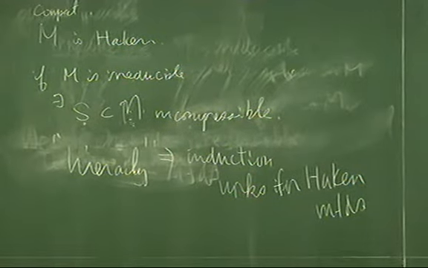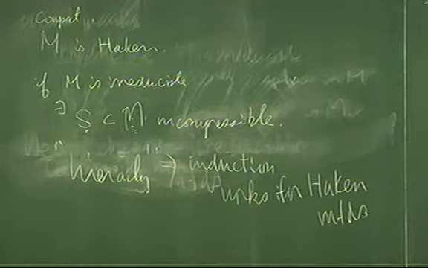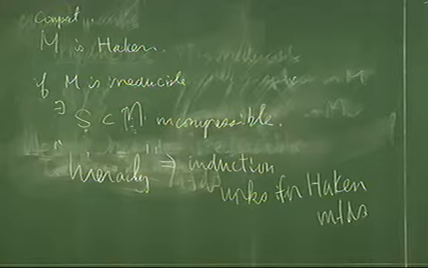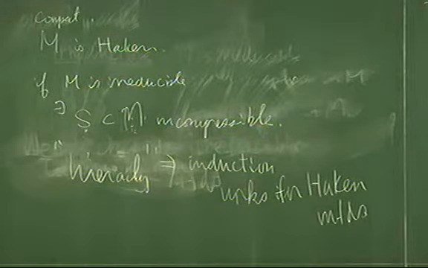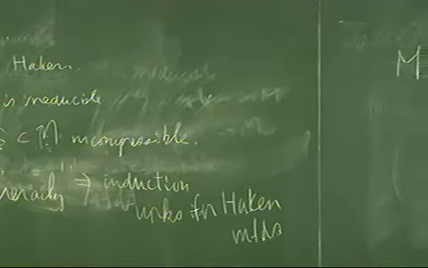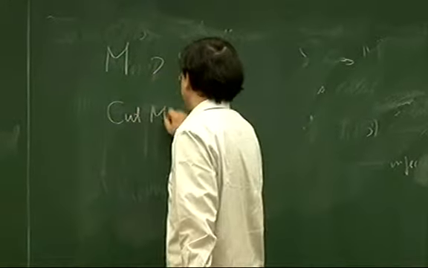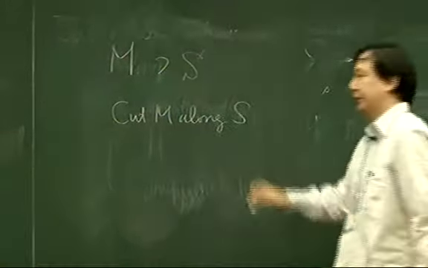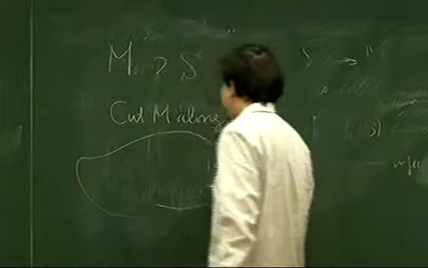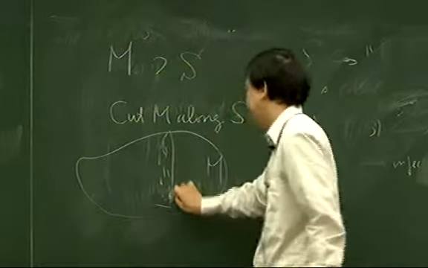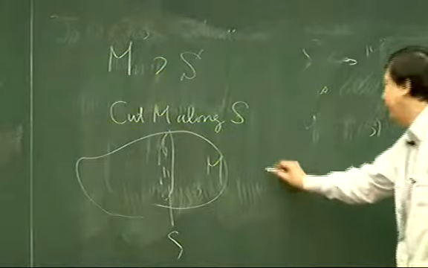So what is hierarchy? If you have a Haken manifold M, then by definition there is some incompressible surface S embedded in M. Then we can cut M along S. So if you have M like this, and inside M there's a surface S like that, then we cut.